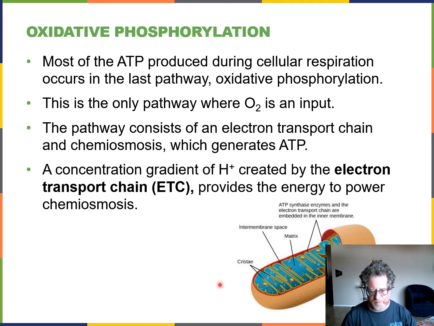The pyruvate crosses two membranes into the mitochondrial matrix, and the oxidation of pyruvate and the citric acid cycle both happen in this blue part in the mitochondrial matrix. And finally, we're going to talk about what's going to happen on the yellow part, on the inner mitochondrial membrane, and that's the electron transport chain and chemiosmosis.